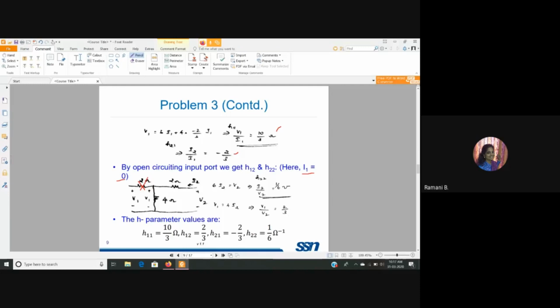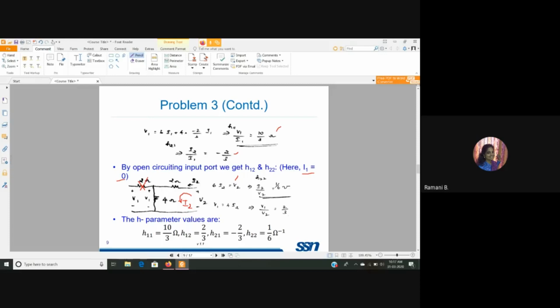So with respect to this, you will be having the equations 6I2 is equal to V2, because here we don't have any other current. Directly I2 current will be going through these two resistors. So we will be having 6I2 is equal to V2 and V1 is equal to 4I2. Okay.